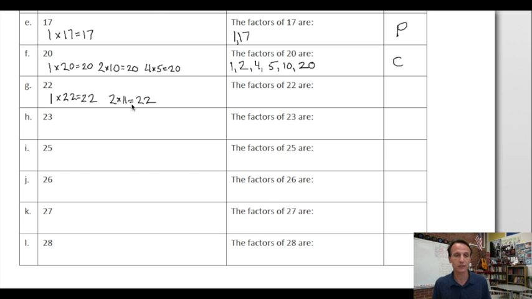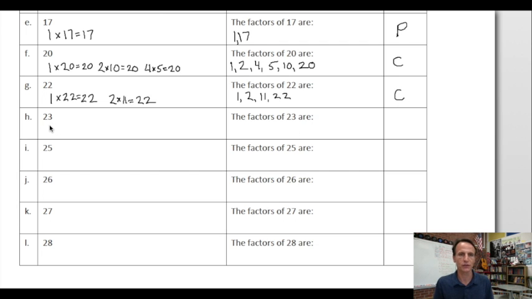We have 11. Okay, well, that's it then. So 1, 22, 2, and 11. We will put in order from least to greatest: 1, 2, 11, 22. So obviously that is composite. It's composed of more factors than just one in itself.